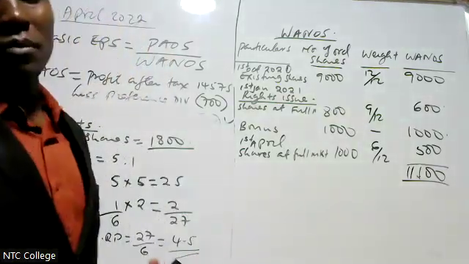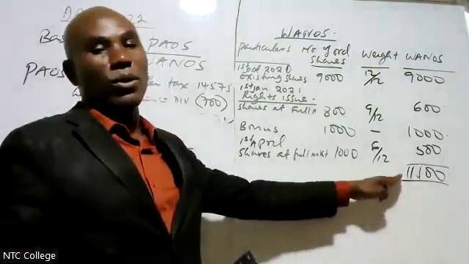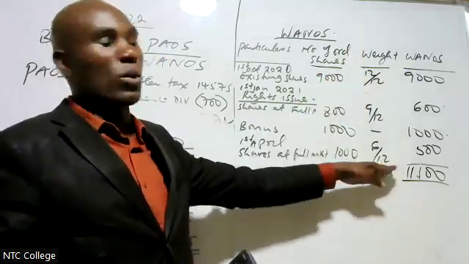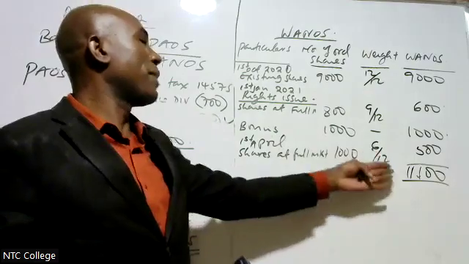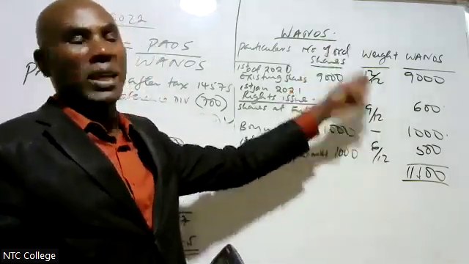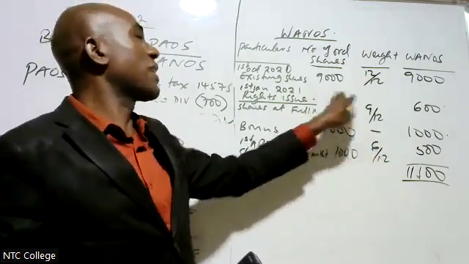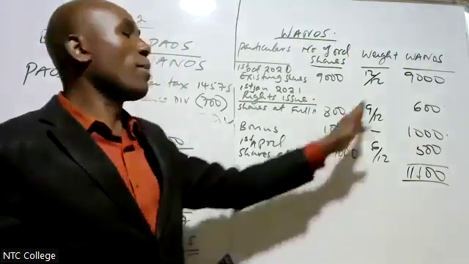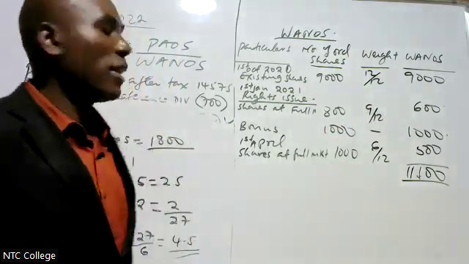Remember, in an exam, the examiner will not mark the one-offs. He will mark the procedure. Therefore, don't worry that maybe this one will be wrong. We shall be marking the procedure. How did you get the one-offs? Like existing shares, I give you a tick. Rights issue, I give you a tick. Shares at full market, I give you a tick there.